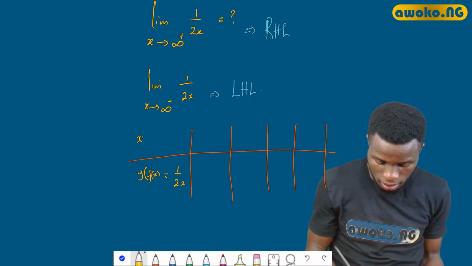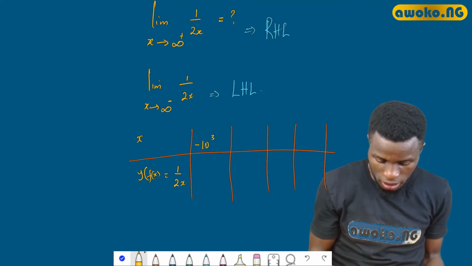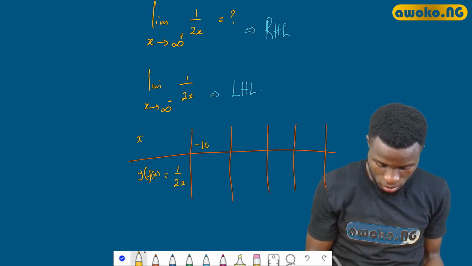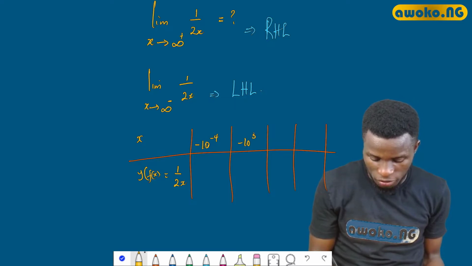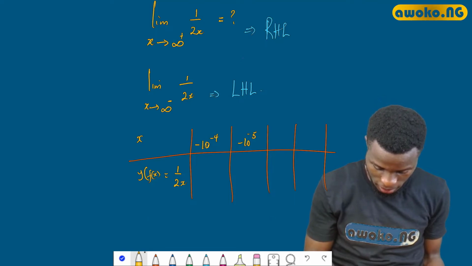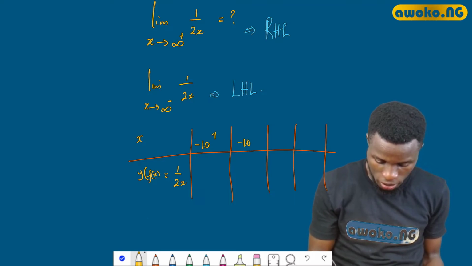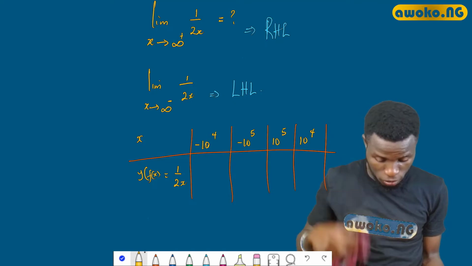So if you consider minus 10 raised to power 3, start from minus 10 raised to power 4, we have minus 10 raised to power 5, and then 10 raised to power 4, 10 raised to power 5, and so on and so forth.